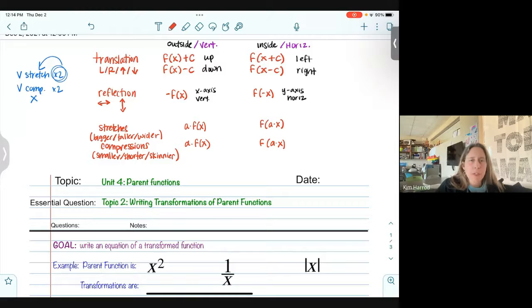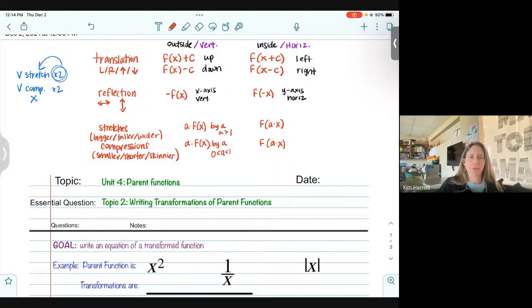And what made the difference between the two, what made one graph be a stretch and one graph be a compression, was what size was that A? So in this case, when A was bigger than 1, then we had a vertical stretch by A. When A was between 0 and 1, then we ended up with a vertical compression by a factor of A.